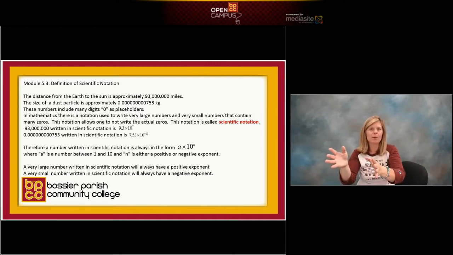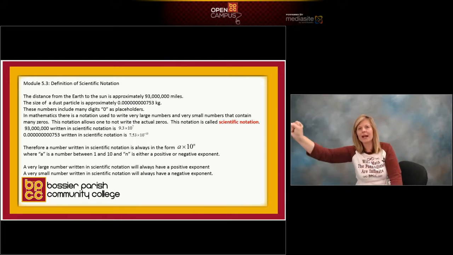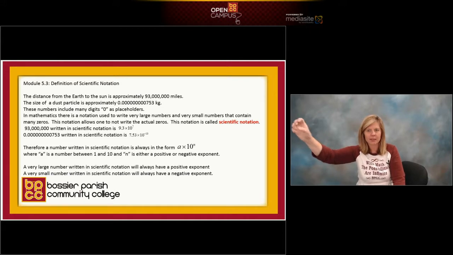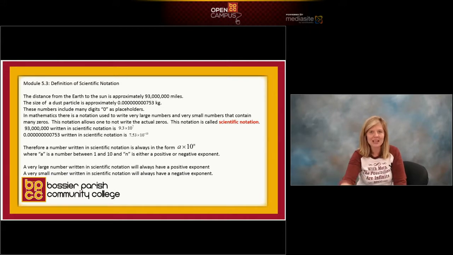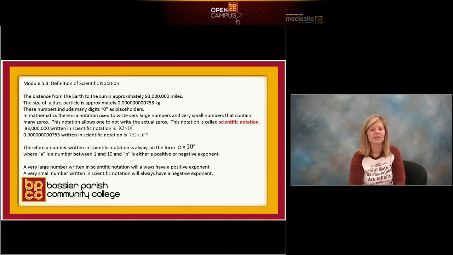And the second component is times 10 to some exponent. If the exponent's positive, the decimal point moves to the right, the number gets bigger. If that exponent's negative, the decimal point would move to the left, and that number would get smaller. That's why it would be a decimal value. In our next video, we're going to actually learn how to do this conversion. So I'll see you then.